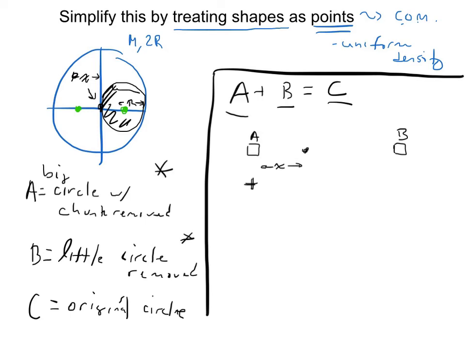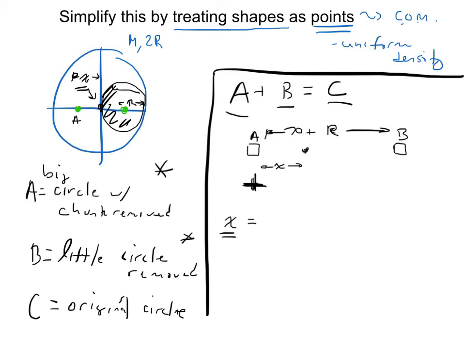And from A to B, we're going x plus r. So the center of mass of A and B being added together must equal x, where we're calling the origin at A, because the center of mass would be a distance of x from the center of mass of A.